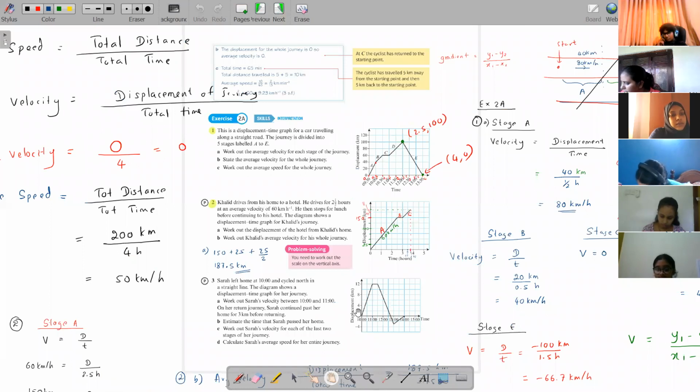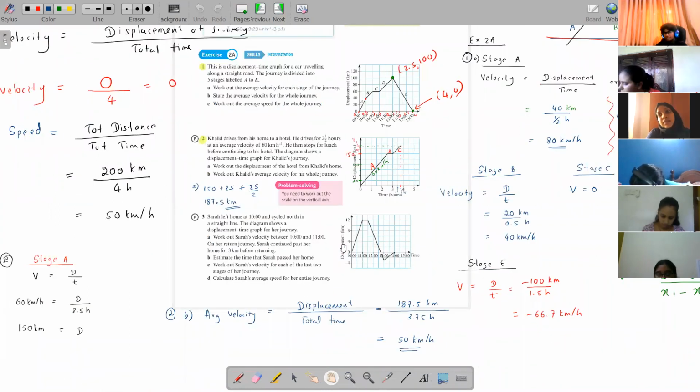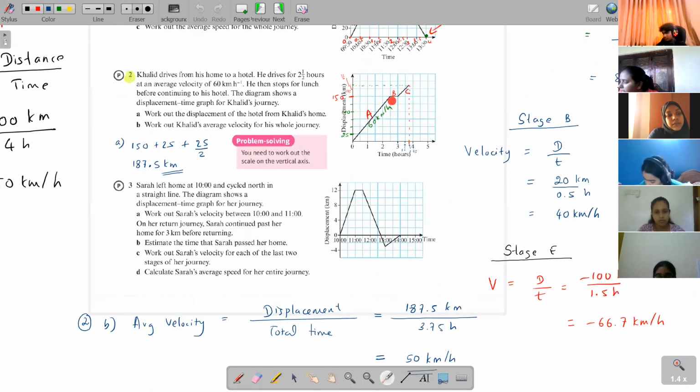If they tell you to get the average velocity excluding stops, then only you should remove the time that you are waiting. Why did you take 3.25? Did you exclude the time that you are waiting here? Not 1 hour, half an hour. It's 3.75. Now when you say average velocity for the whole journey, it's the total displacement over the total time, not total time excluding stops.